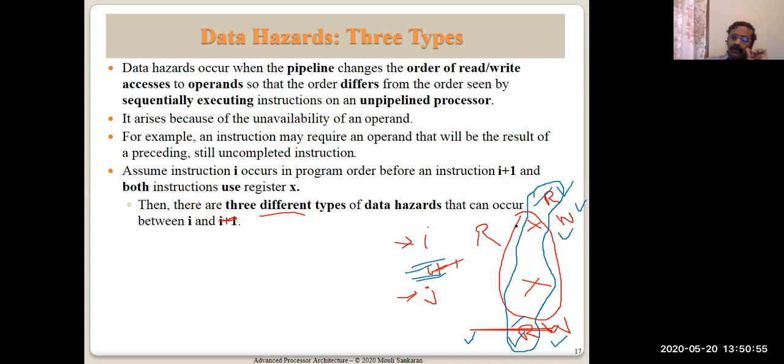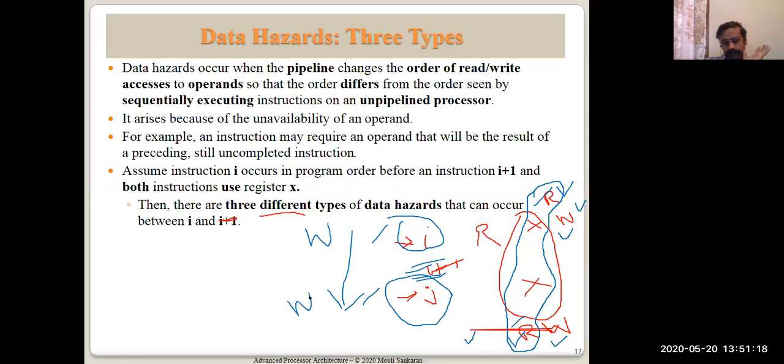Instruction I wants to write into a register, J also wants to write into a register, but if that writing does not happen in the order in which it is supposed to happen, that means I came first, J comes next, so the write of I should happen first and then the write of J. If the order is not maintained, you will have a problem.